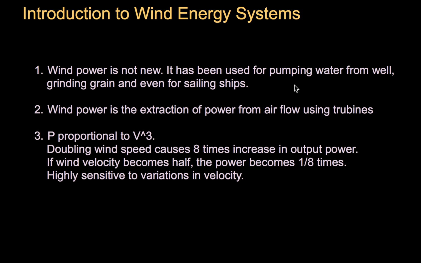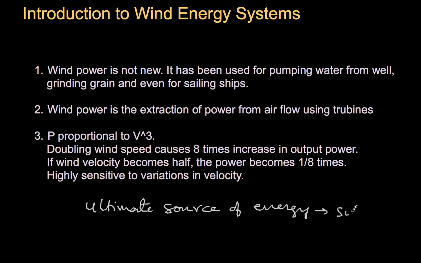When we say wind energy, ultimately all this energy comes from the sun. So how does the wind get its energy? The sun is heating the planet Earth, and at different places the heat is received differently.